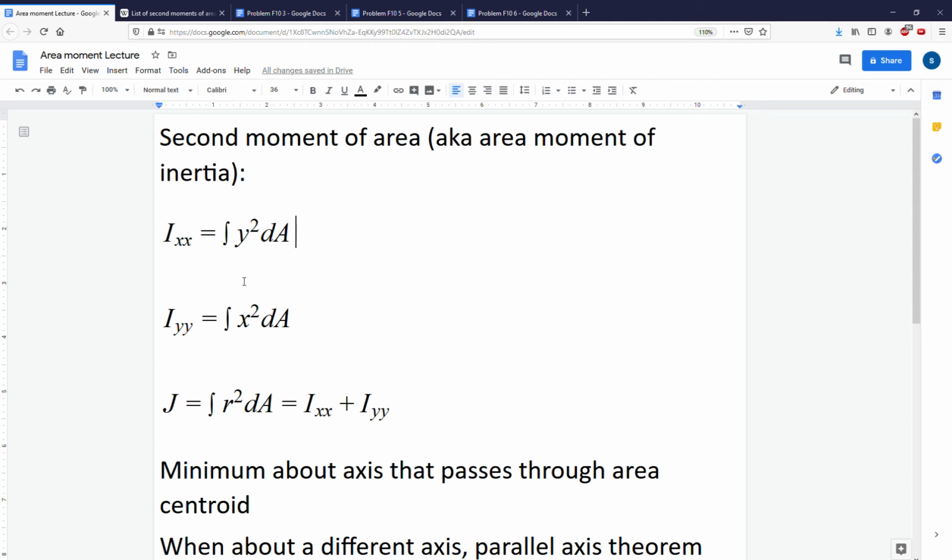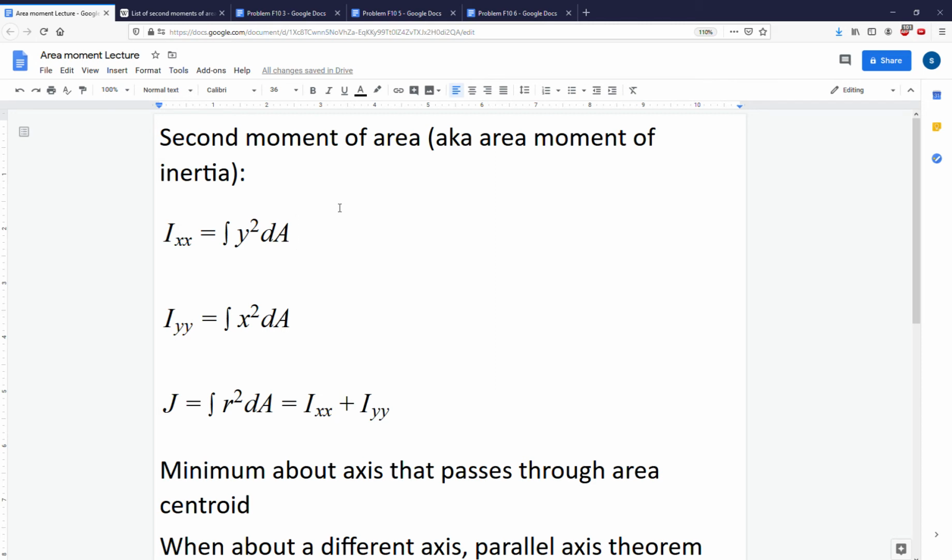So what is moment of inertia? Moment of inertia is a measure of how spread out the area is. The formula for both the xx component and the yy component can be seen here. Looking at the units, y squared has units meter squared, dA has units meter squared, so moment of inertia will have units of meters cubed, or distance cubed, depending on what unit you're using to measure the distance.